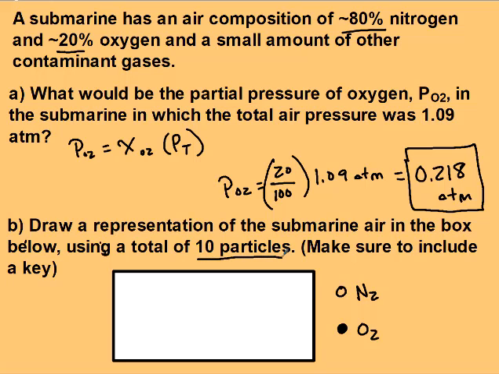Since we're using 10 particles, that's relatively easy since we have it in percents. 20% of 10 is 2, so oxygen should have 2 particles. And then 80% of 10 is 8, so nitrogen should have 8 particles.